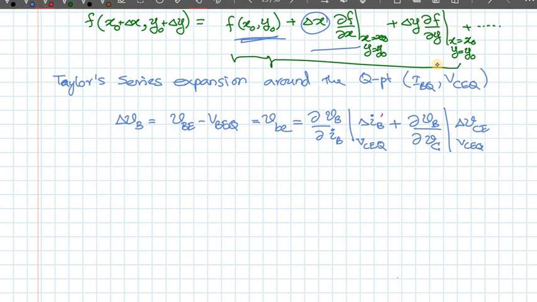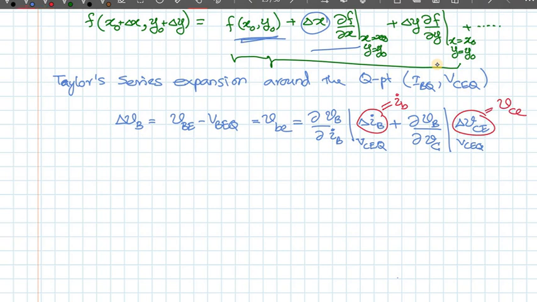What is this? This is equal to small signal ib, and this is equal to small signal vce. Okay, so therefore that's my first expression.